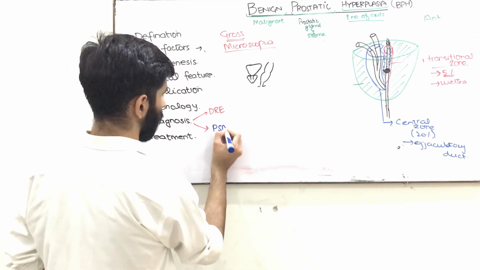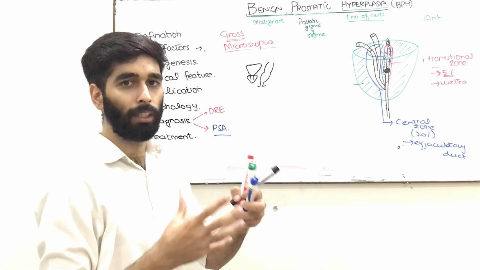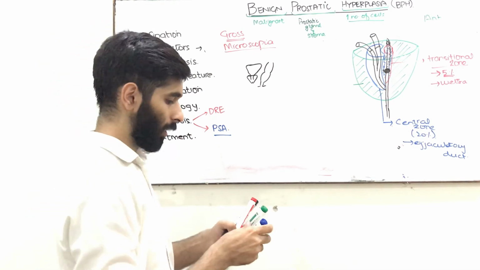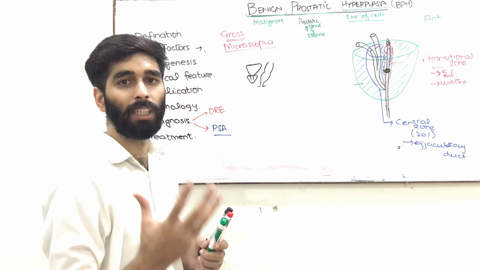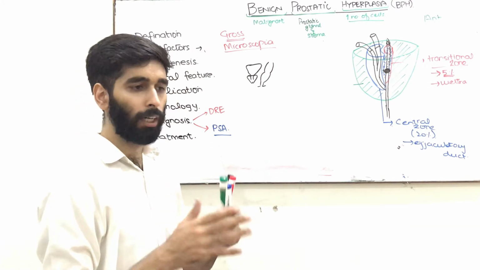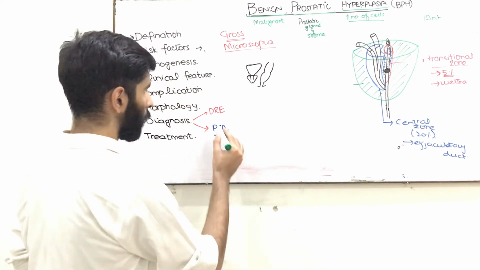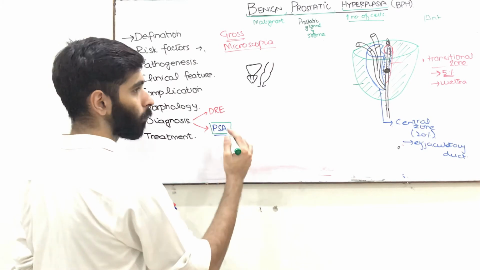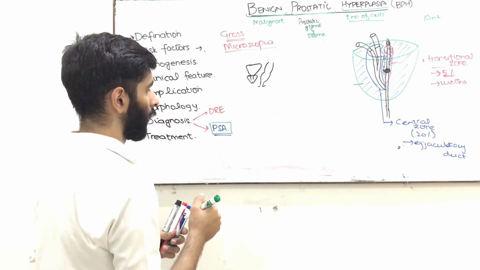prostate specific antigen. The inner layer of luminal cells releases prostate specific antigen that liquefies the gel-like semen so that it can easily swim into the female genital tract. So PSA is normally produced by the luminal cells of the glandular component of the prostate gland.